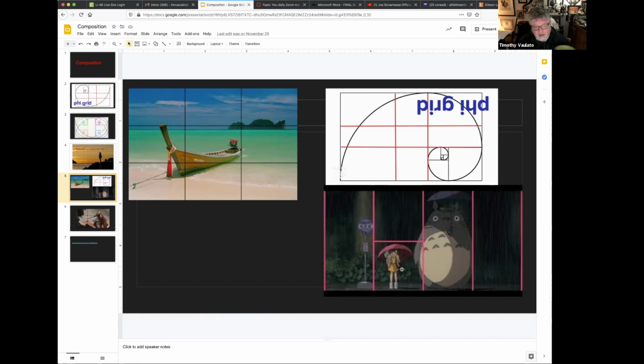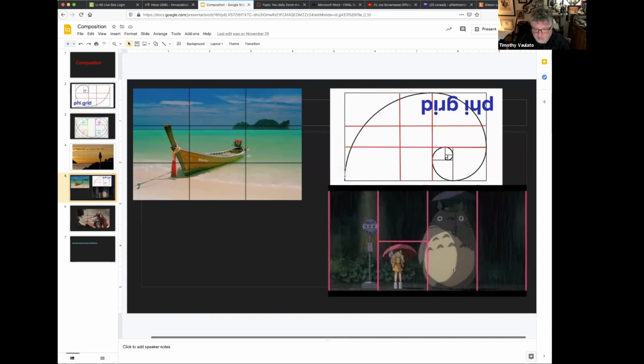All right. Even down here in an anime shot, My Neighbor Totoro, the big forest spirit, is covering up two of the cross areas. The little girl and her sister are covering up the other. It's not a bad idea to leave one empty, because if you fill all four, it does start to feel a little more like a target composition, right? Because here, here, here, and here, that's the middle.